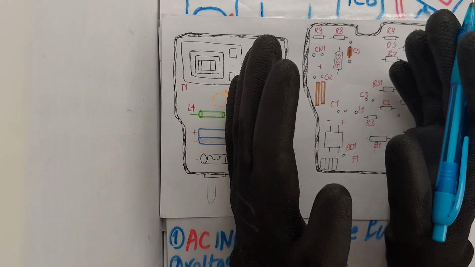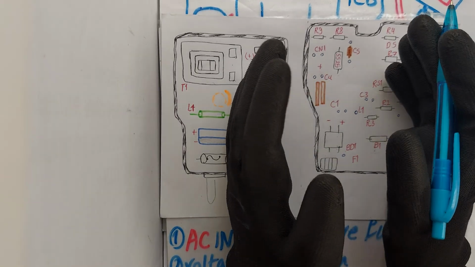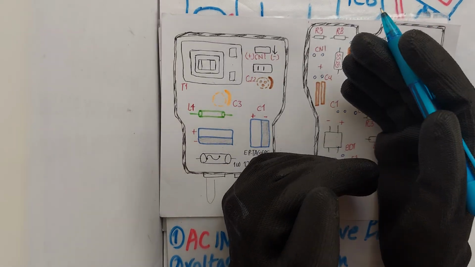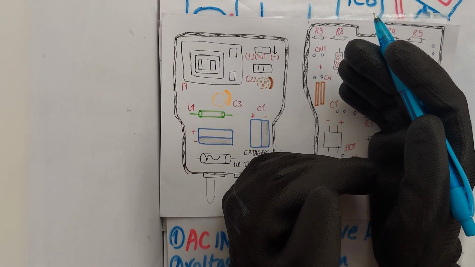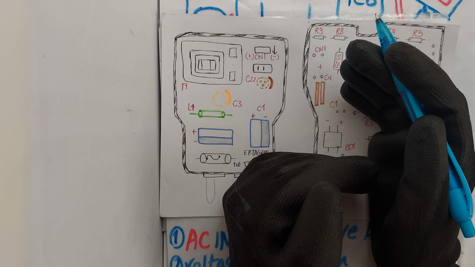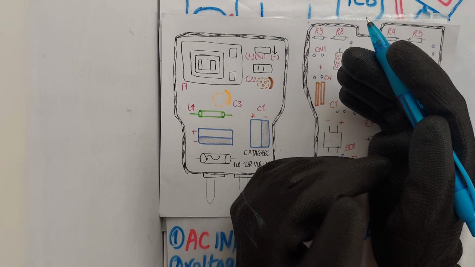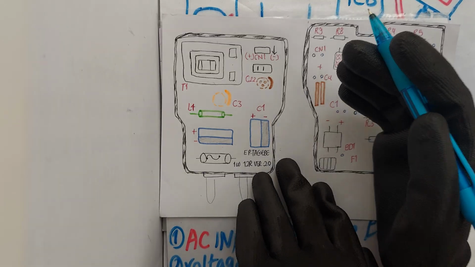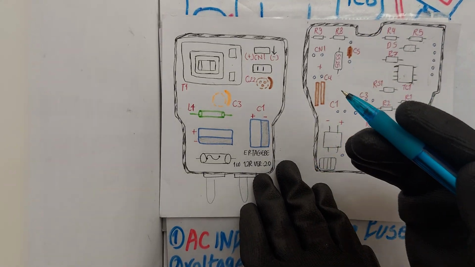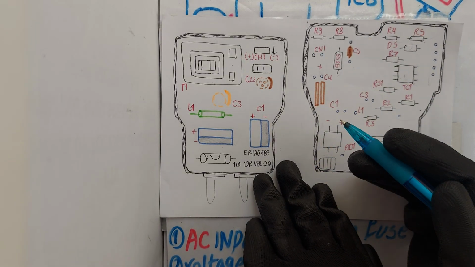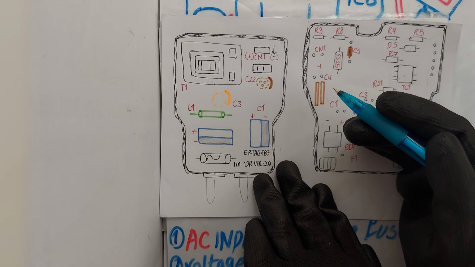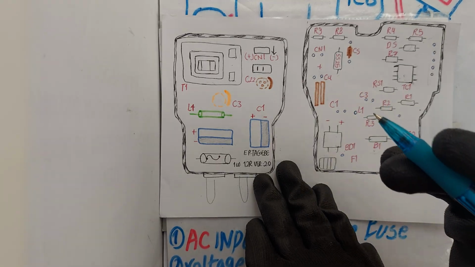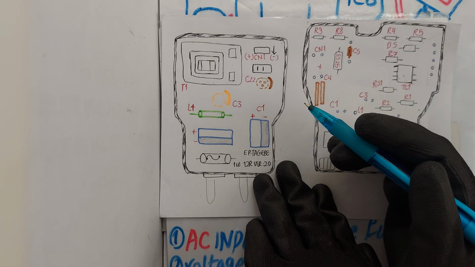So overall, the printed circuit of this charger is a standard flyback switching power supply utilizing common SMPS design components: a rectifier bridge diode, filtering capacitors, an isolation transformer, a PWM switching transistor, and an output LC filter.